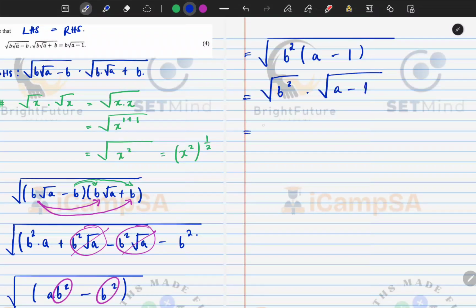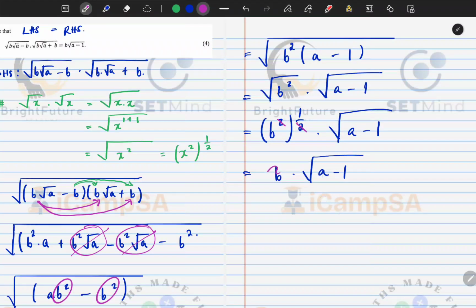So this is the same thing as b squared all to the power of 1 over 2 times your a minus 1, and then here your 2 and 2 will cancel out, and then you will have your b times your a minus 1, which is going to be your answer.